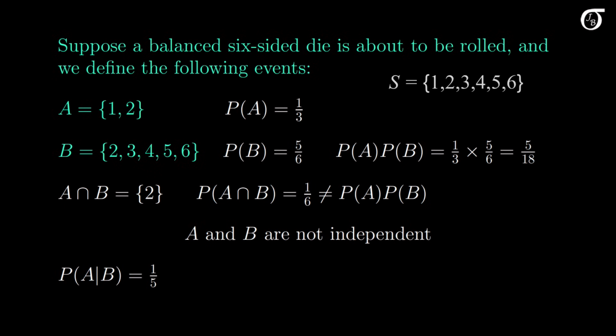A and B occur together less often than they would if they were independent events. And the probability of B given A is 1/2, as only one of the 2 equally likely numbers in A is also in B. So the conditional probability of B given A is less than the unconditional probability of B.